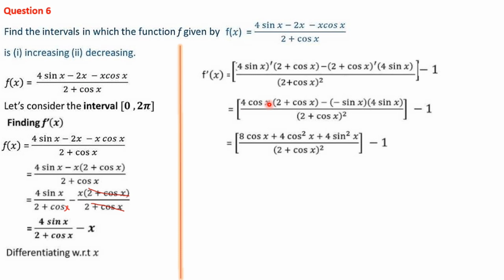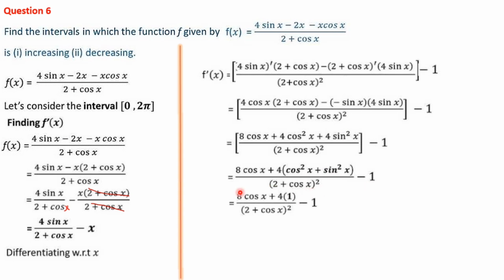Then 4 cos x into cos x, that is 4 cos square x, minus into minus plus 4 sin x into sin x is 4 sin square x, divided by 2 plus cos x the whole square minus 1. Then 8 cos x plus, in these two terms 4 is common, take out cos square x plus sin square x, divided by 2 plus cos x the whole square minus 1. Then 8 cos x plus 4 into cos square x plus sin square x is an identity 1. So 4 into 1 divided by 2 plus cos x the whole square minus 1.